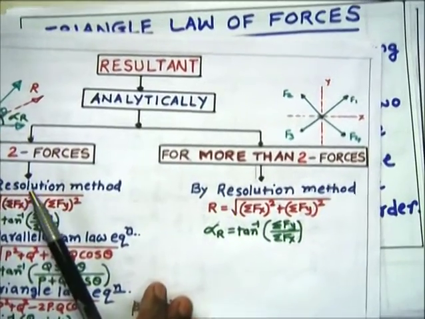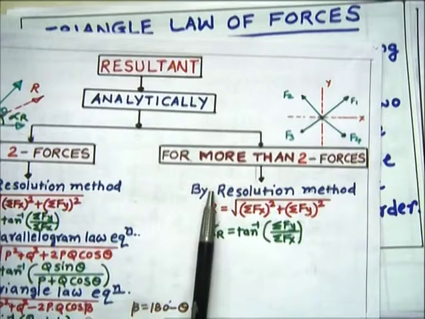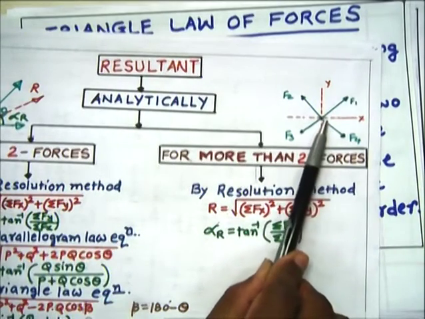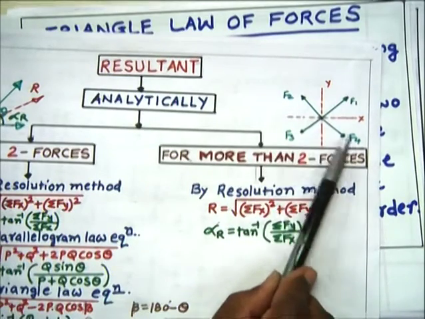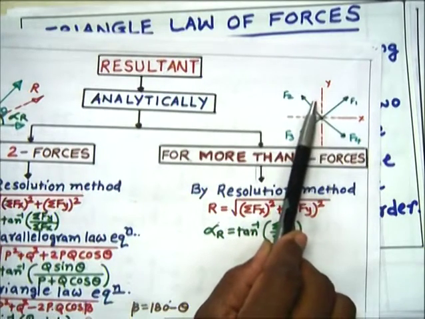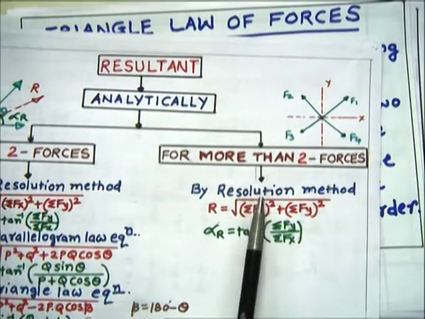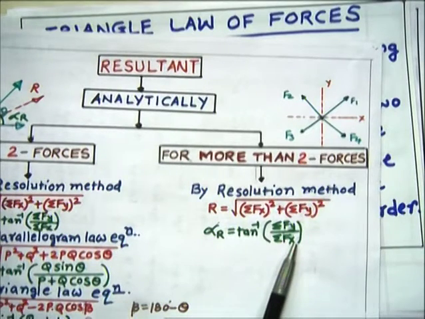For more than two concurrent forces, as you know, we have a common formula, that is the resolution method. So again, say more than two forces are given as F1, F2, F3, F4, and also knowing the angle of each force with respect to an axis, then we can find the resultant by this formula, root of sigma Fx square plus sigma Fy square, and alpha is equal to tan inverse of sigma Fy by sigma Fx.